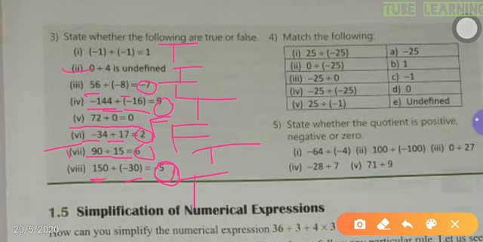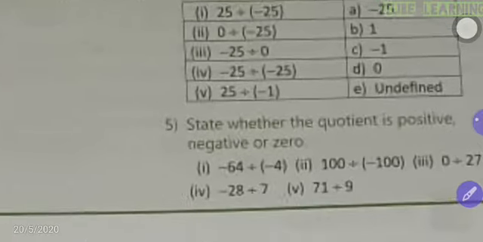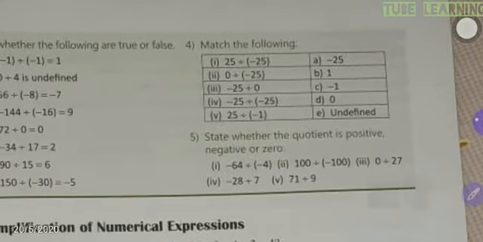Next, fourth question, what is given? Match the following. You see here, 25 divided by minus 25. 25 divided by 25 is 1, and one is positive, one is negative, so that means minus 1. C number, 0 divided by minus 25 is 0.